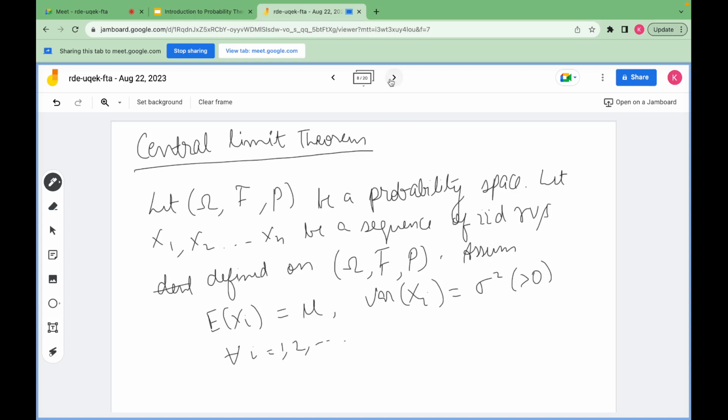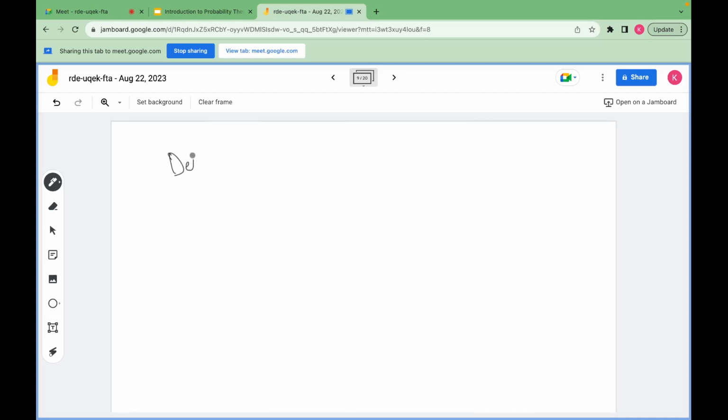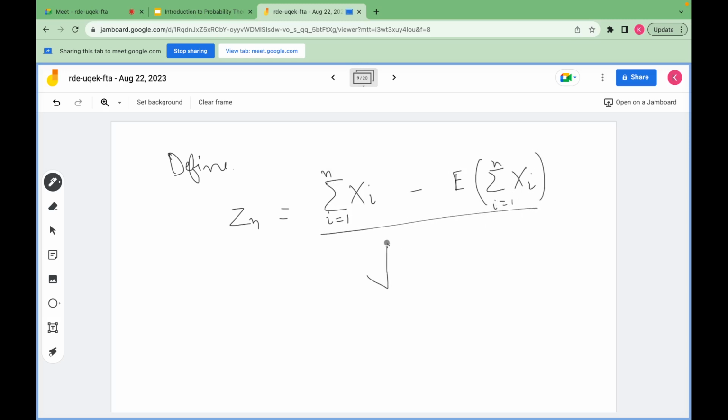Okay, then we define a Zn, which is nothing but the sum of Xi from i equal to 1 to n minus the expectation of these values, divided by the standard deviation of the sum of these values.